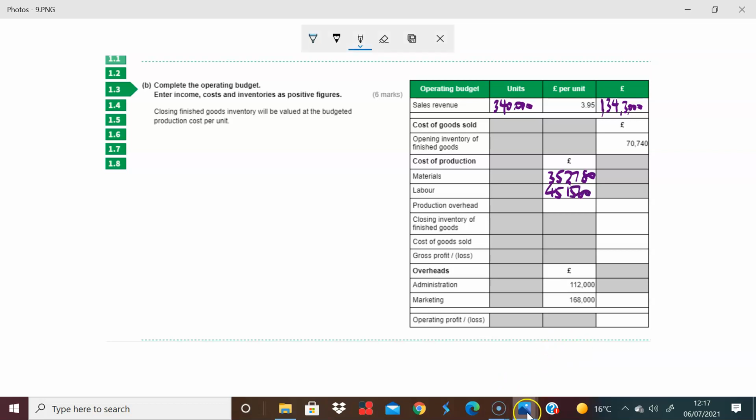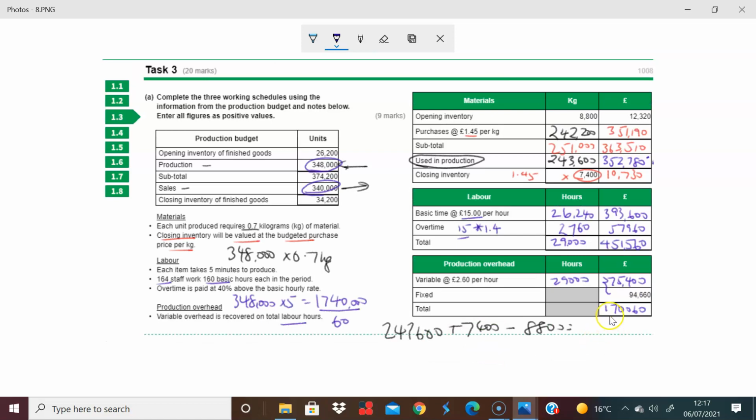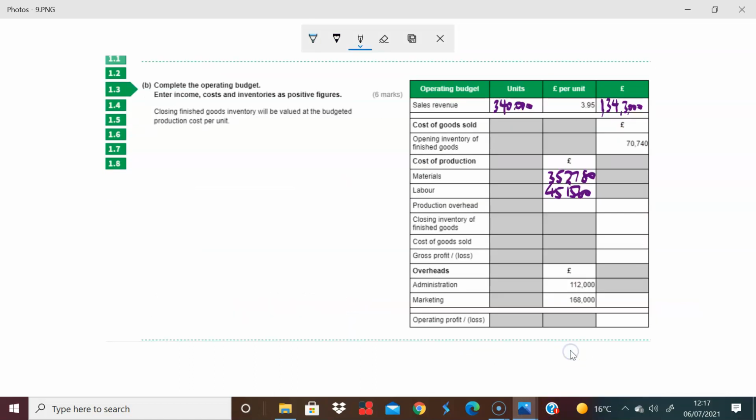Just do the same thing for your production overheads. Come over here and pick that up, and you have 170,060.